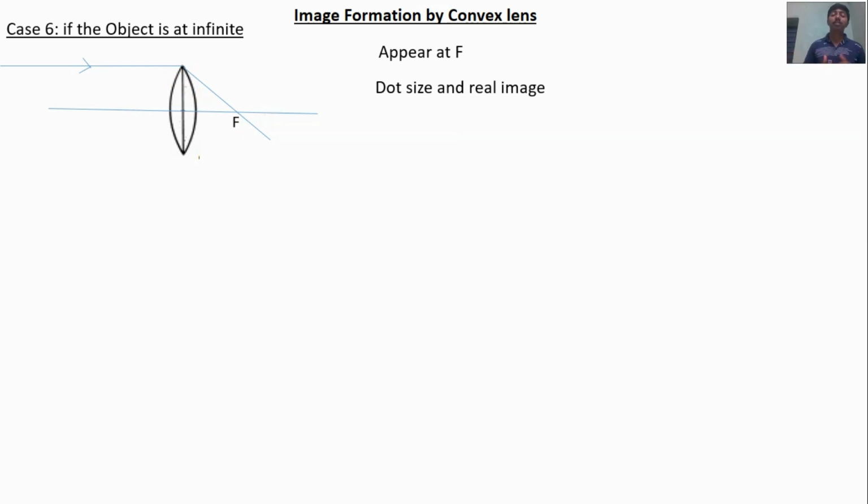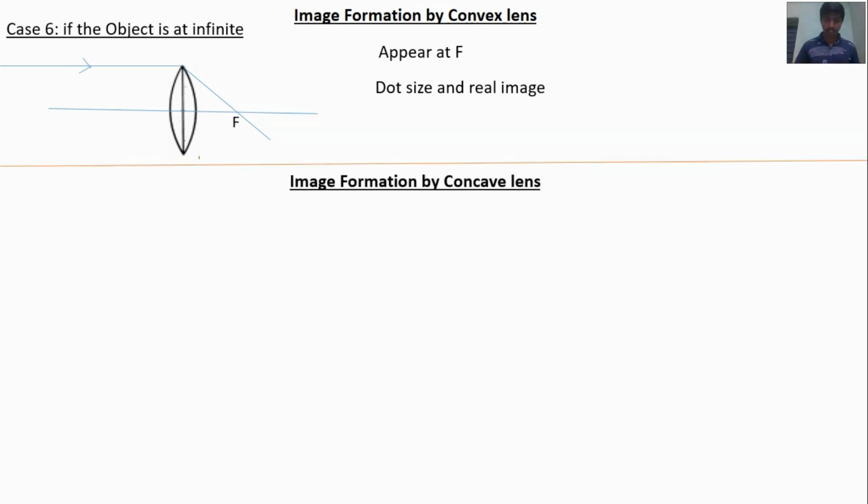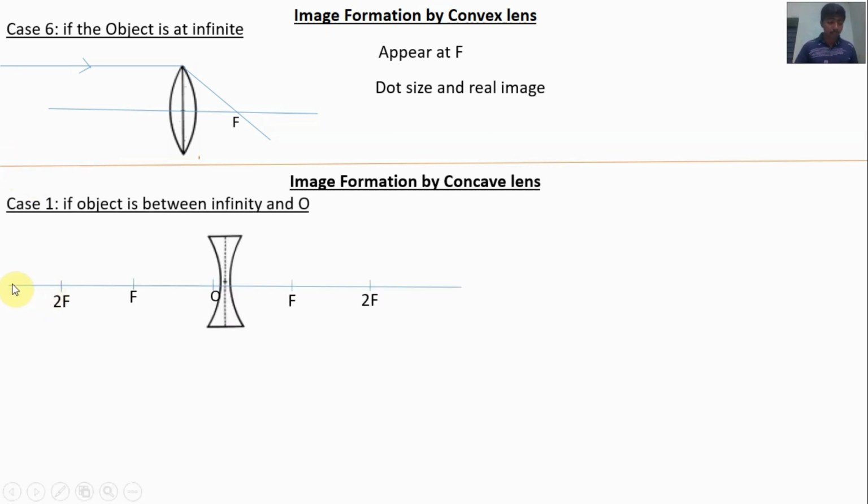Now we will discuss the image formation by the concave lens. Let us take the concave lens and do the same experiments. If the object is between infinity and the optic center, let us take the object present between F and 2F. Apply rule 1 and rule 2.